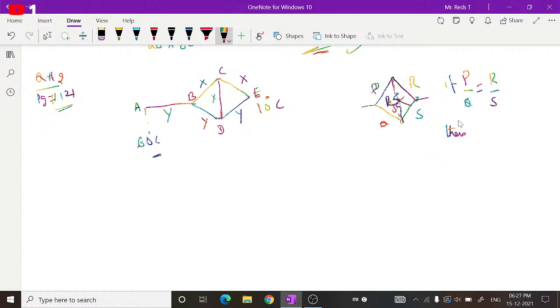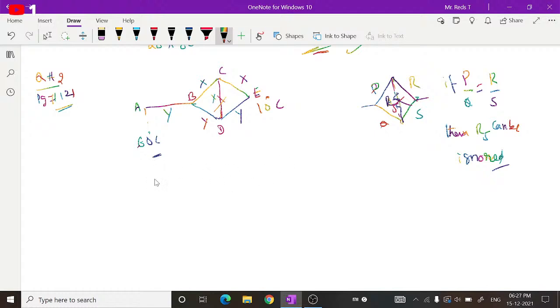If P by Q equals R by S, then R5 can be ignored as no current flows through it. Can be ignored means you can remove it. In the same way, if you observe this, they have identical thermal resistance. So this by this is X by Y equal to X by Y, so you can just neglect this.